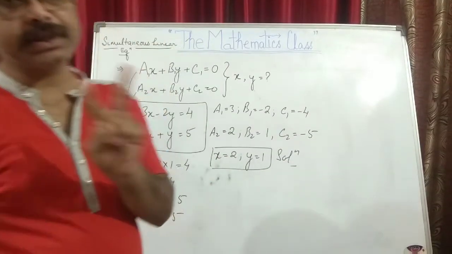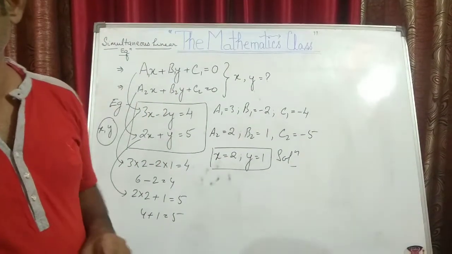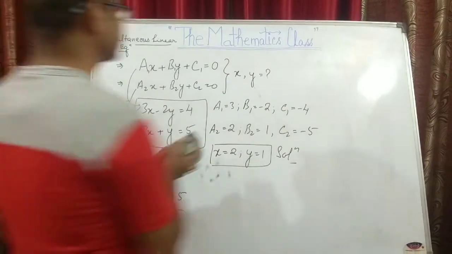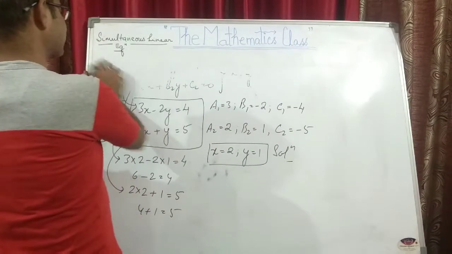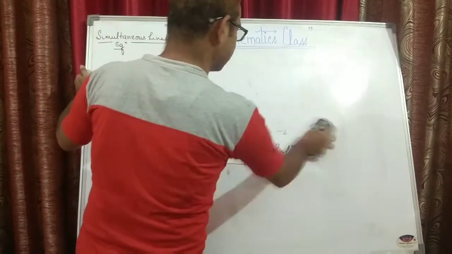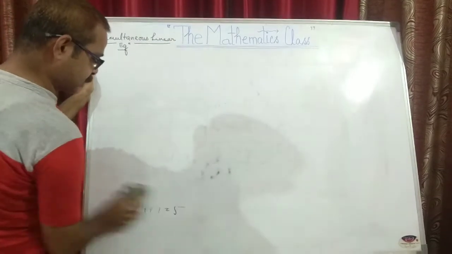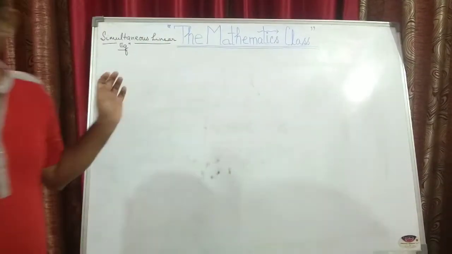Now basically there are two methods for finding the solution of simultaneous linear equations. First is known as the algebraic method and second is known as the graphical method.